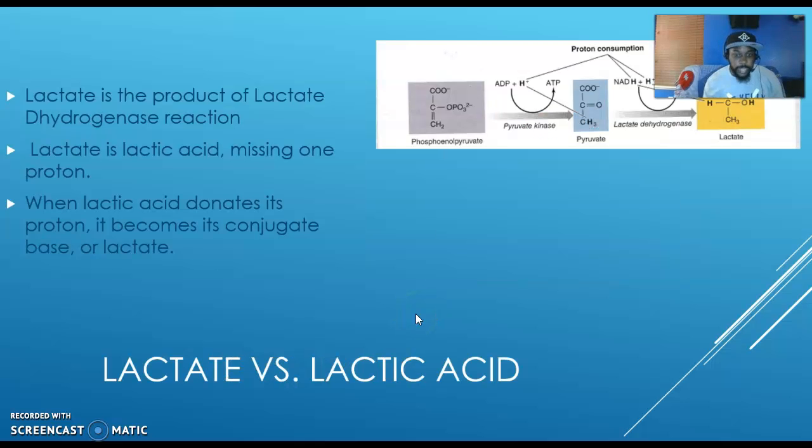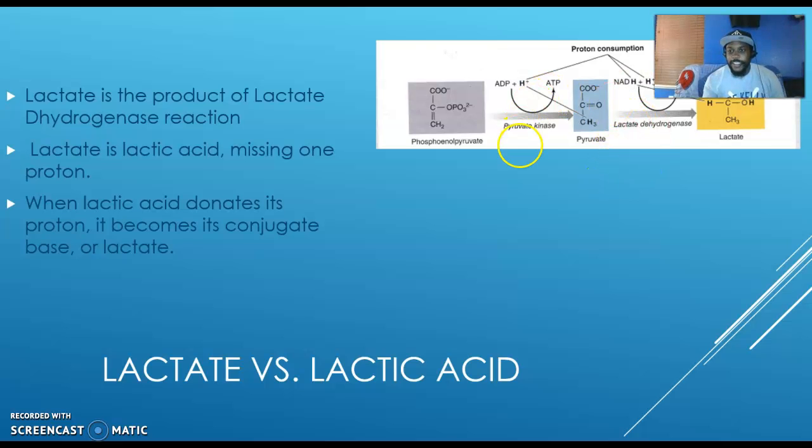In regards to lactate versus lactic acid, this illustrates where the hydrogen ion is. Lactate is a product of the lactate dehydrogenase reaction, as I said earlier. Lactate is lactic acid missing 1 proton. The proton can go away, the ion.